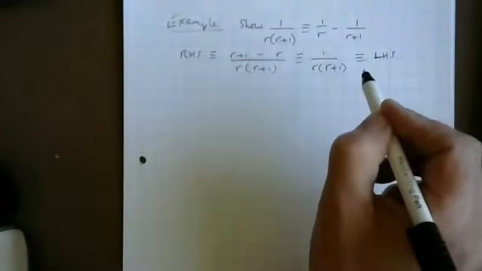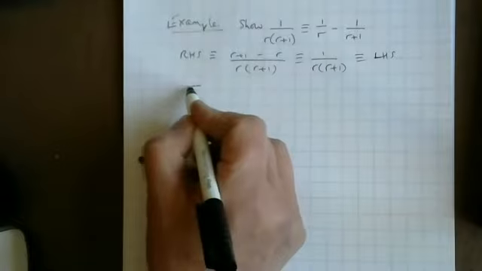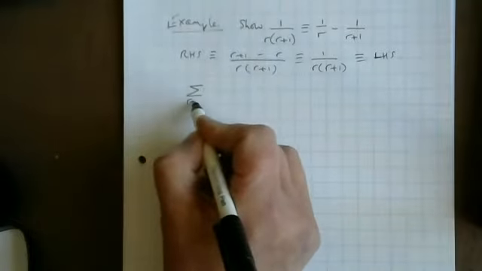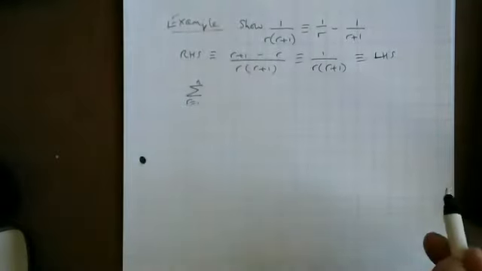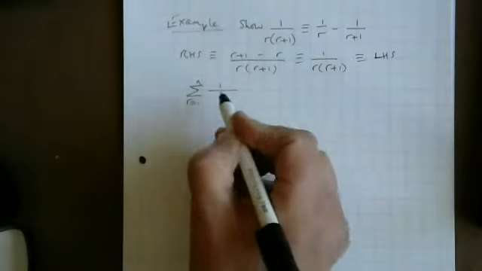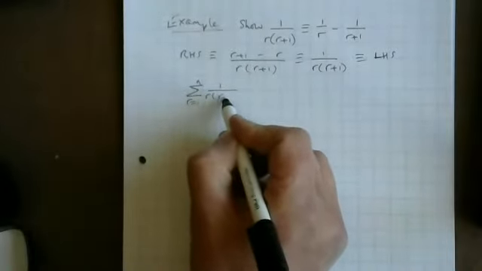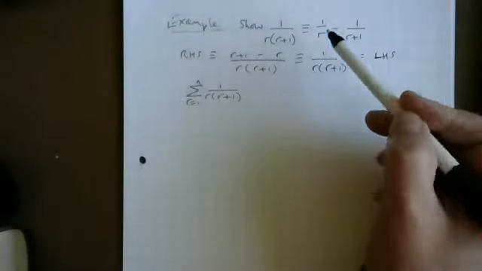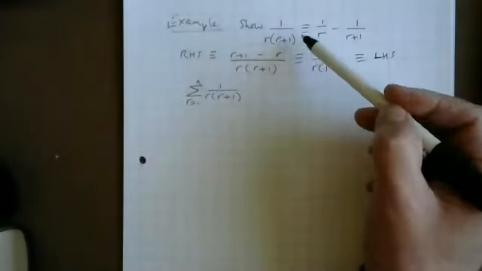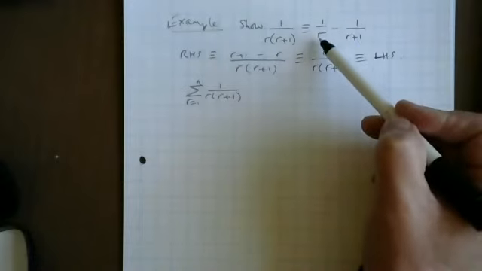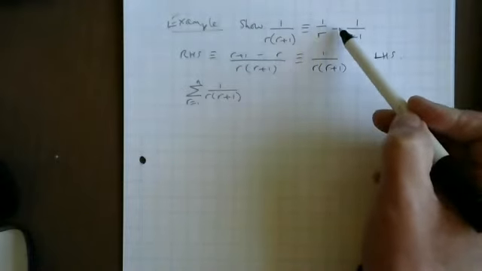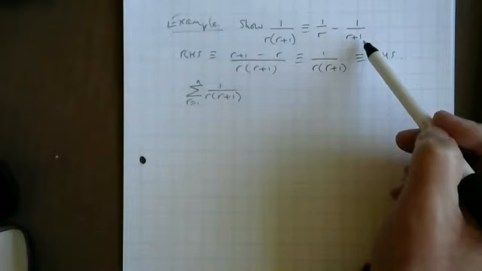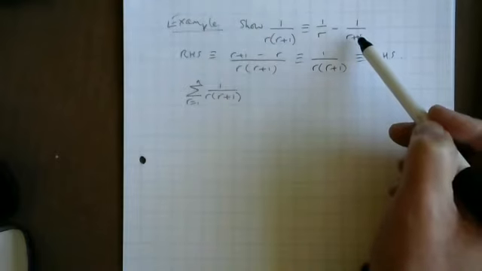Now we use that fact to find the sum from r equals 1 to n of 1 over r times r plus 1. Now notice we've just managed to express 1 over r times r plus 1 in the form of something that involves r subtracting something that involves r plus 1. That's very promising.